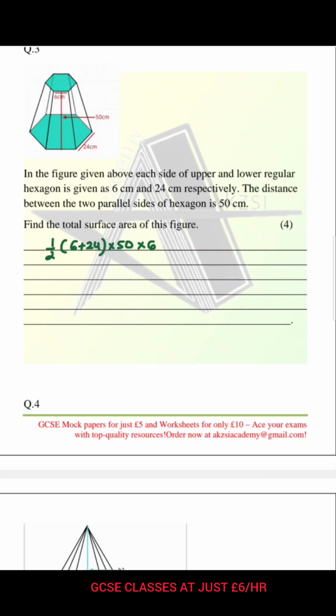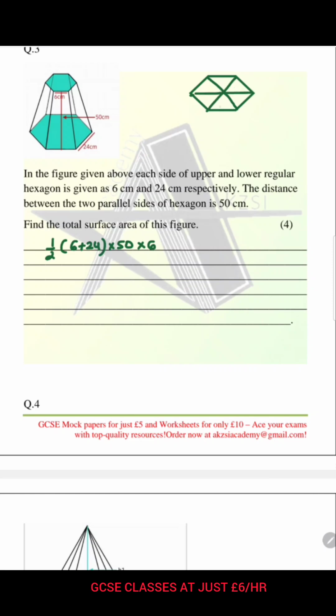For the top part, let me show you one thing, and the bottom part basically, they are actually a regular hexagon. For a regular hexagon, if we do like this, it will be divided into 6 equilateral triangles. So these are basically 6 equilateral triangles.